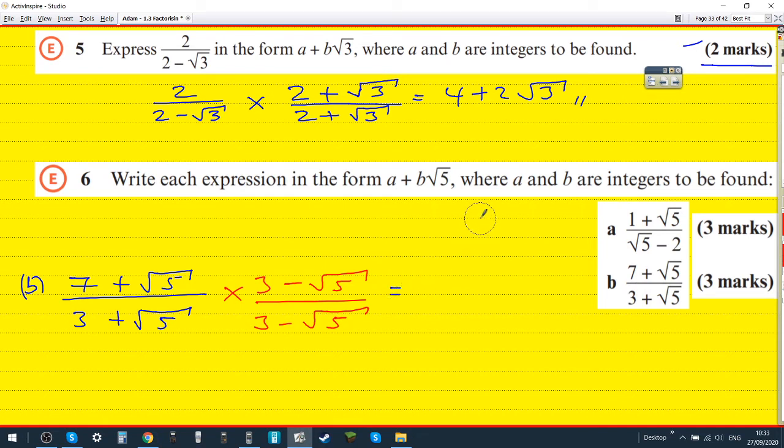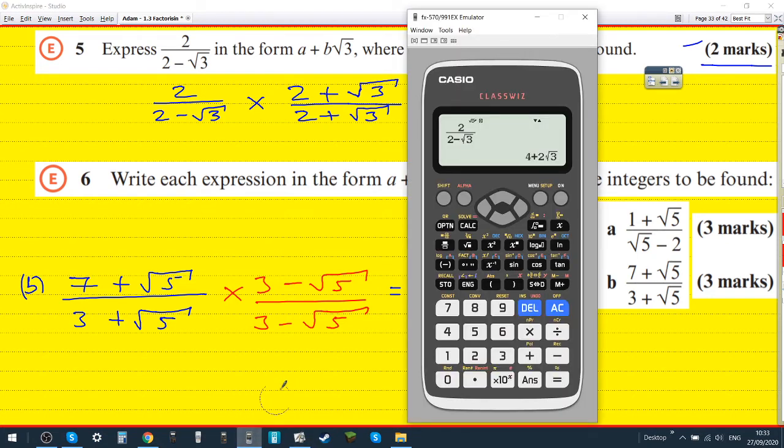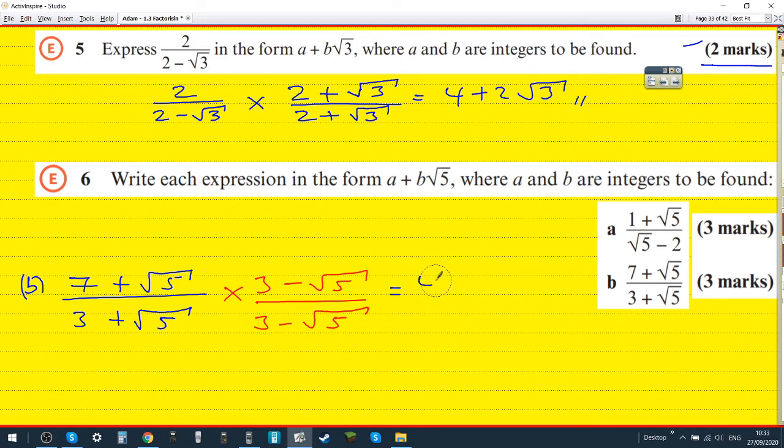Do you need to do the whole multiplied by bit? No, you can just put the question in, can't you? Yeah. What do you get? Putting it in now. 4 minus root 5.